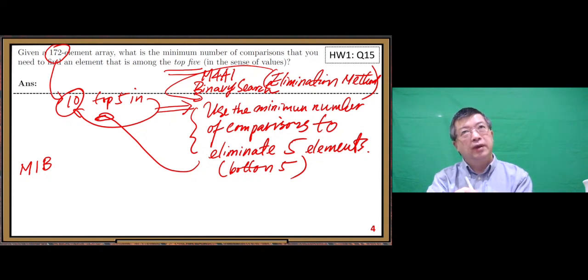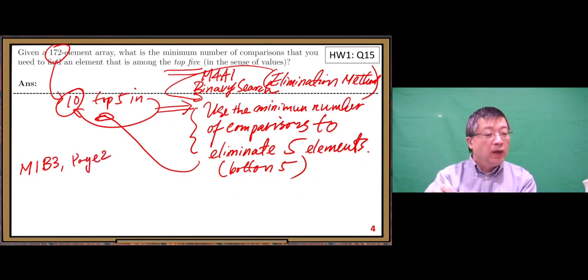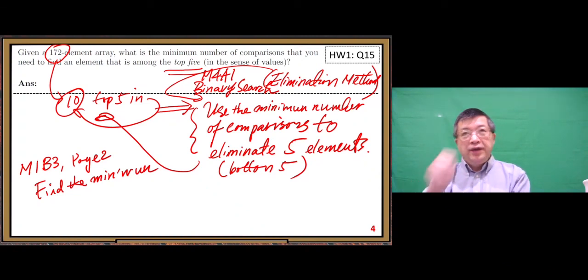Let me put 3 here, page 2. I want you to look at the minimum problem. Find the minimum. You can treat it as the elimination method.